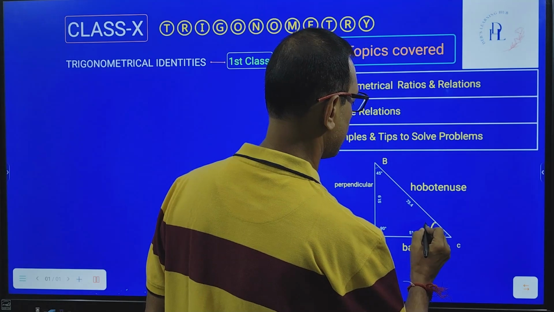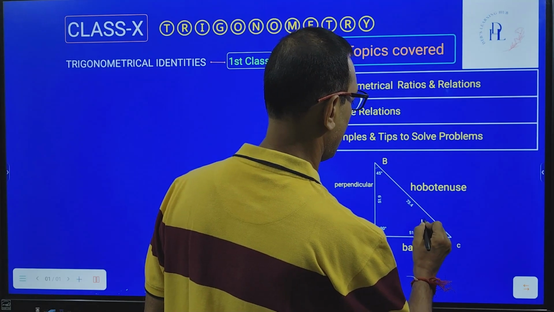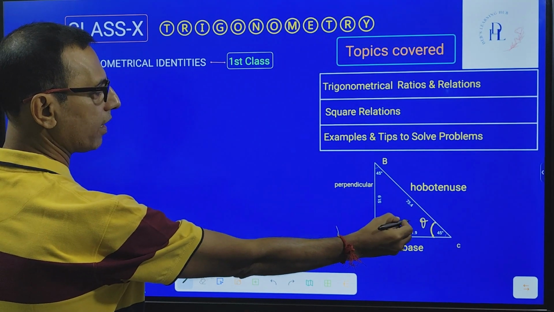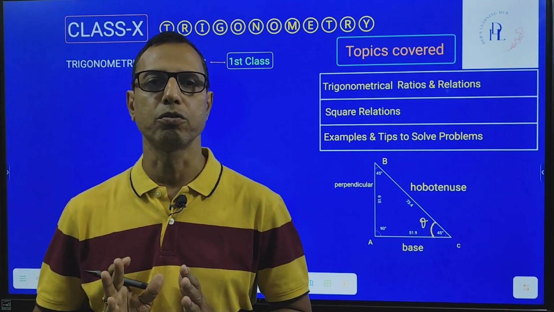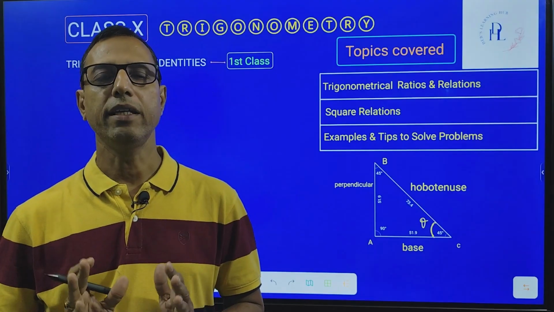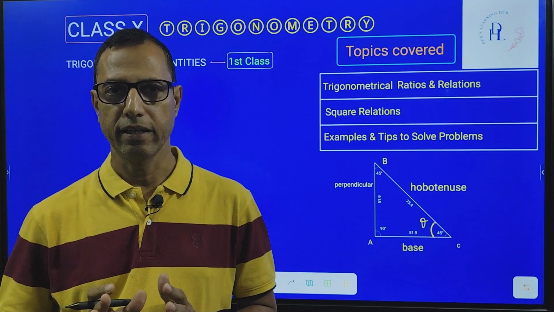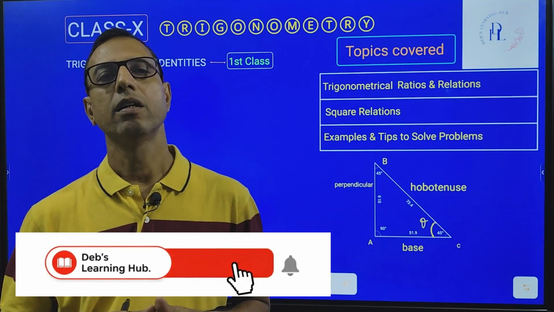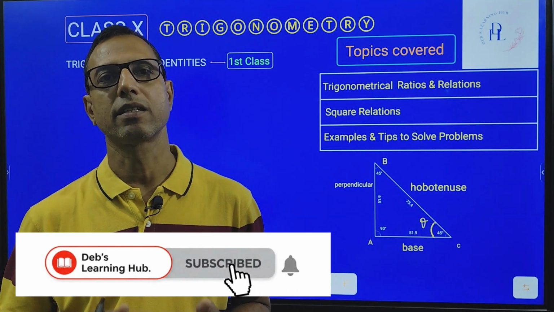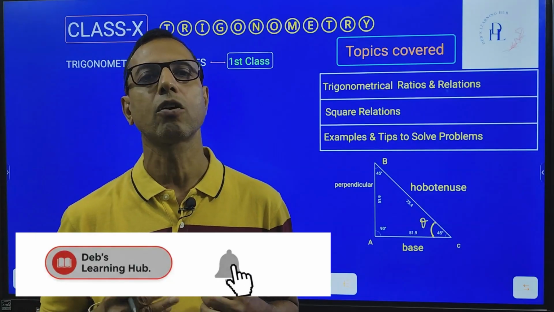This angle, let's say, is called theta. So from this triangle, there are 6 trigonometrical ratios: sine, cos, tan, and the reciprocal of sine is cosec, the reciprocal of cos is sec, and the reciprocal of tan is cot, right?